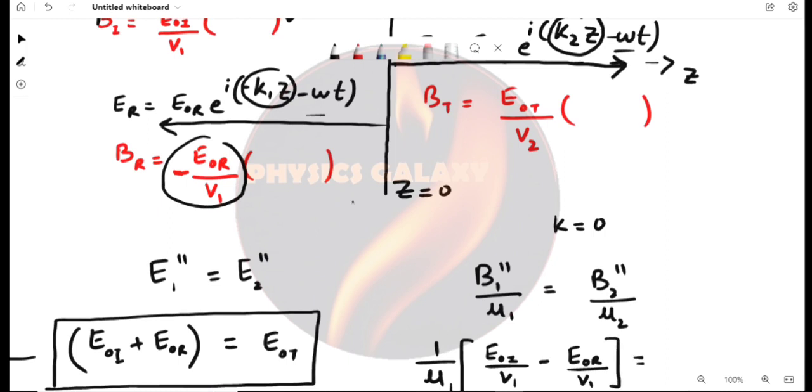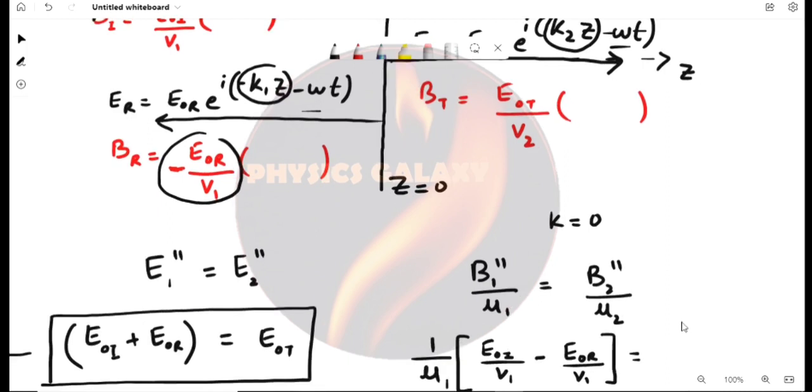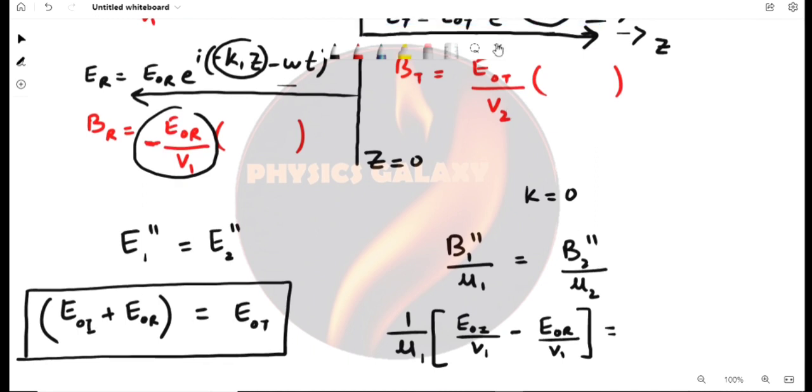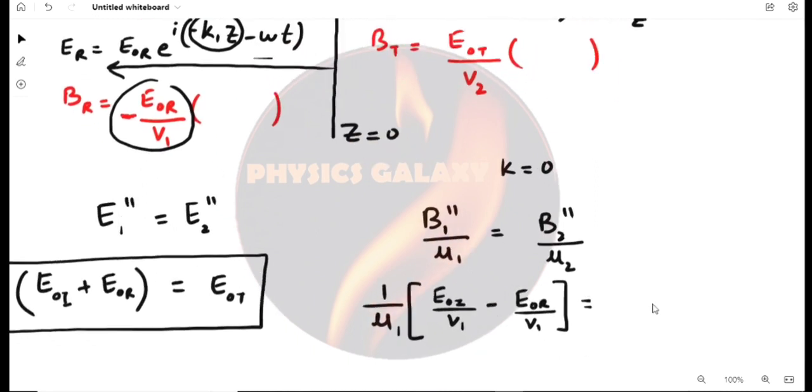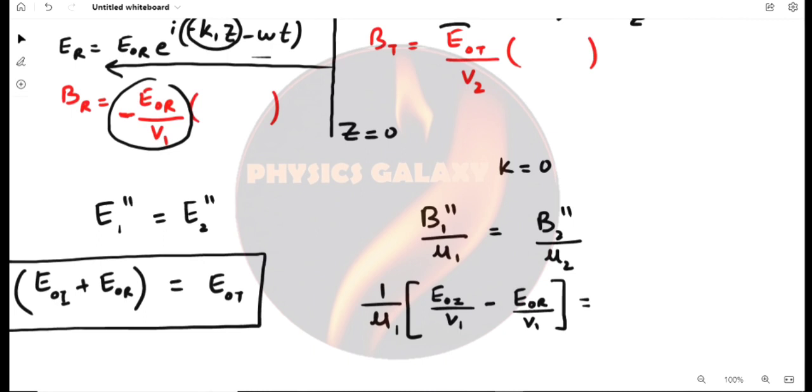Equals to, and what about the transmitted magnetic field? Here it is 1 by mu2 E naught T divided by V2.